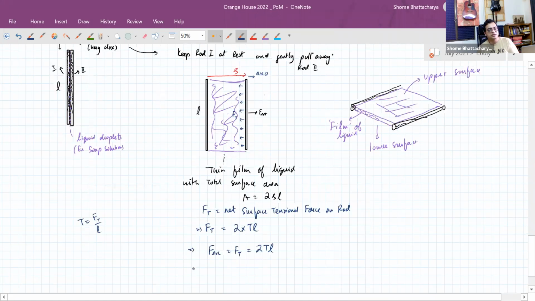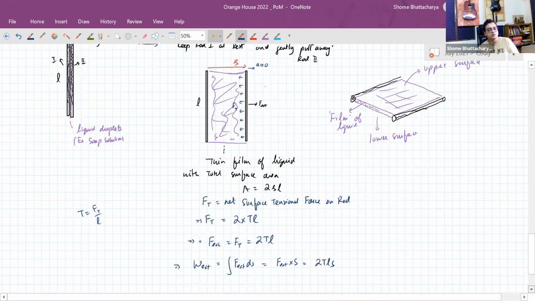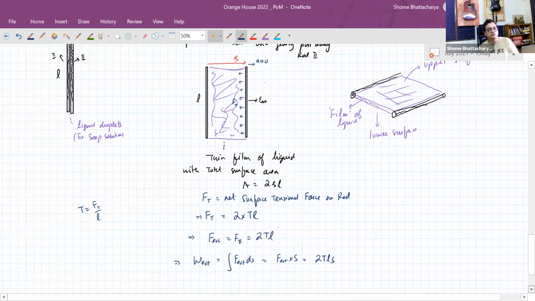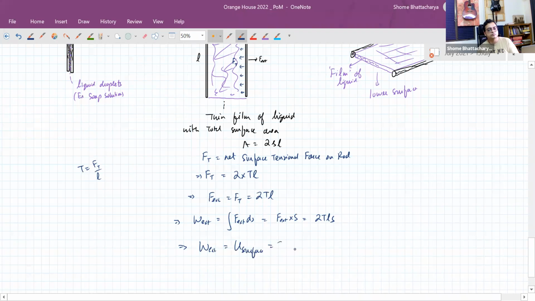So work done by the external force, which in general is integration F ds, here it will just become F times S, because it's a constant force. Okay, so that work done is equal to the surface energy, which you can also see is surface tension multiplied by total surface area.